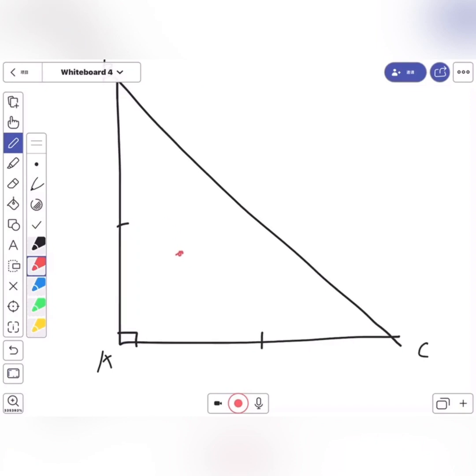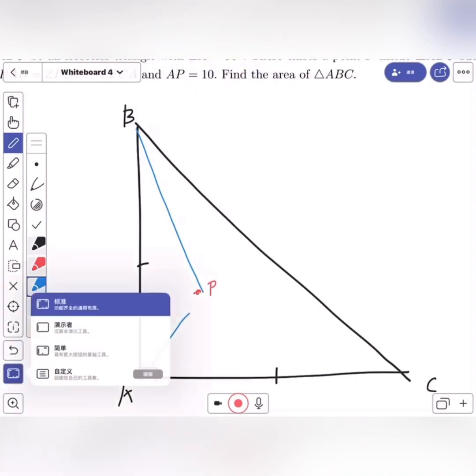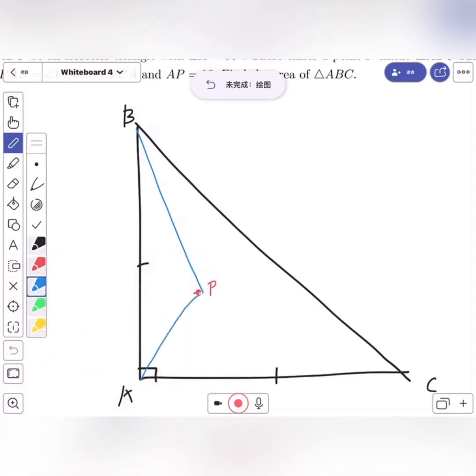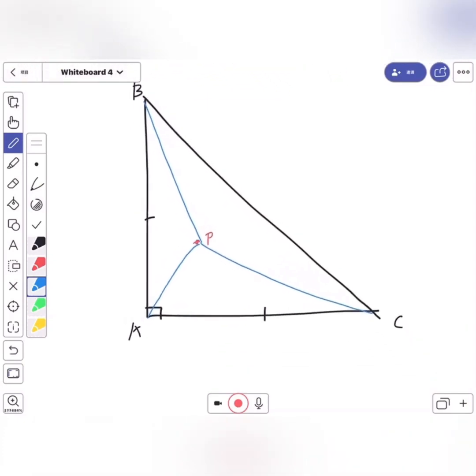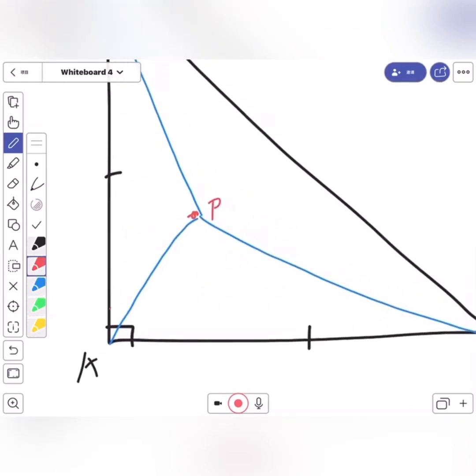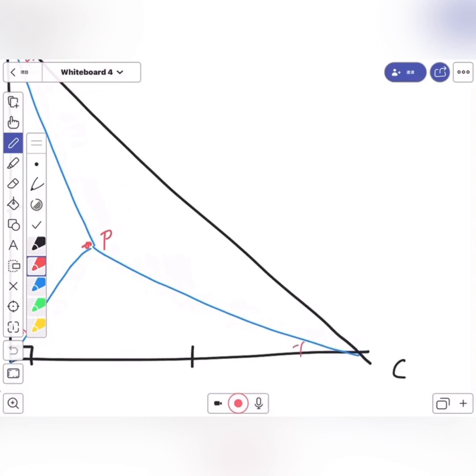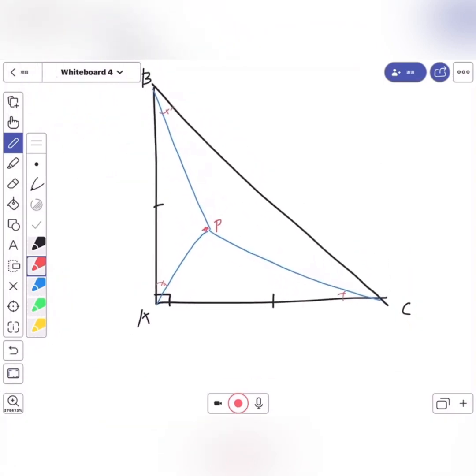It should be somewhere here. Call it P. And if we just draw a connection to all of the three vertices. Okay. Angle PAB is this angle, angle PBC, and angle PCA. These three angles are congruent.